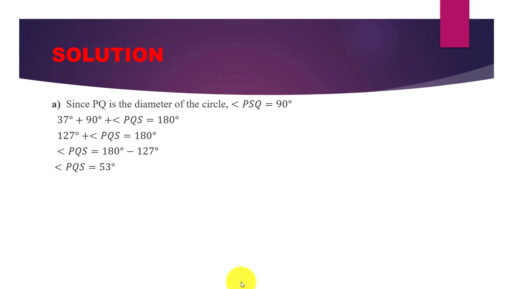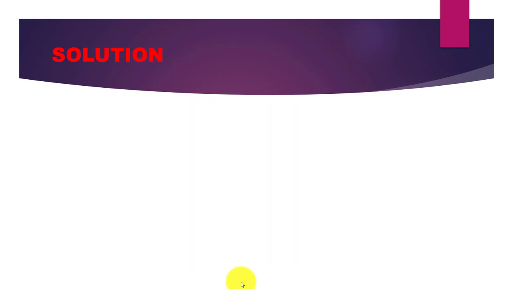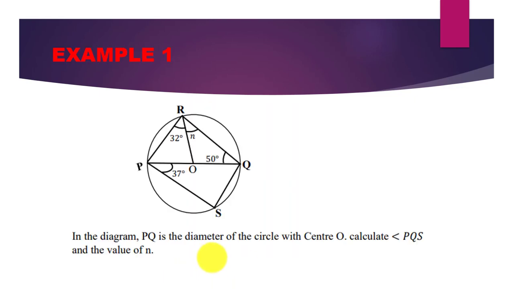Let's go back to the diagram. Now, in the diagram, we are asked to find angle PQS. We are looking for this angle. But we know that the line PQ is a diameter which subtends an angle at point S on the circumference.